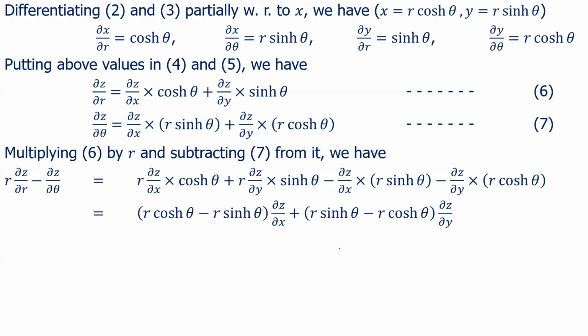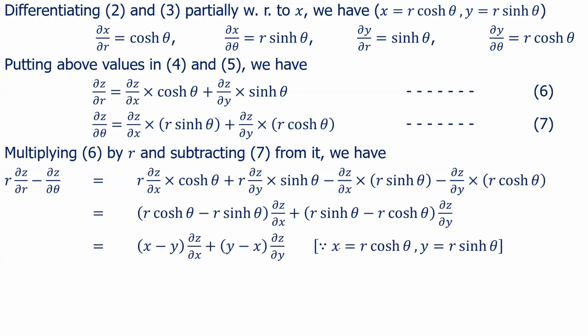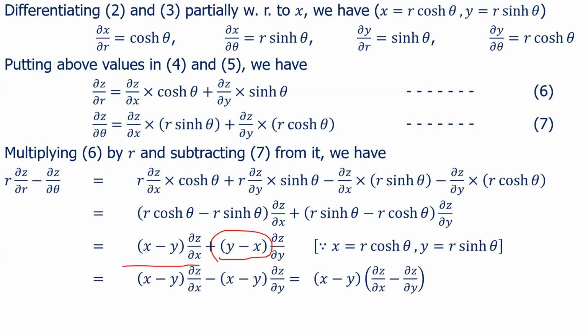So this can be written as (x minus y) del z del x plus (y minus x) del z del y. If we take the minus sign outside, y minus x becomes x minus y with a minus sign for the del z del y term. Now if we take x minus y common, we have del z del x remaining in the first part and del z del y in the second part.